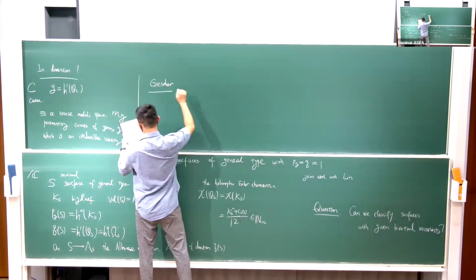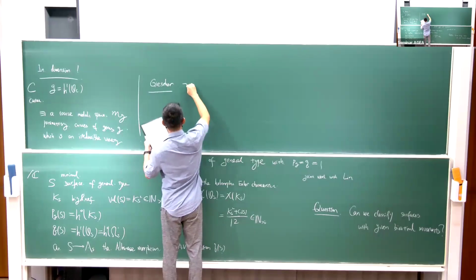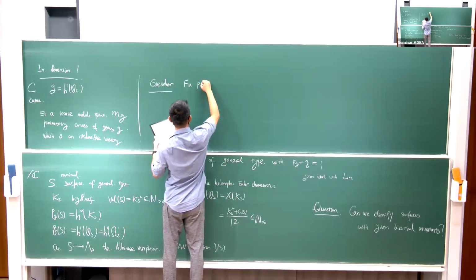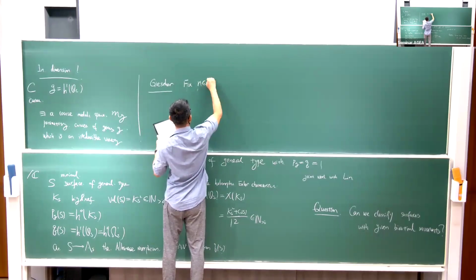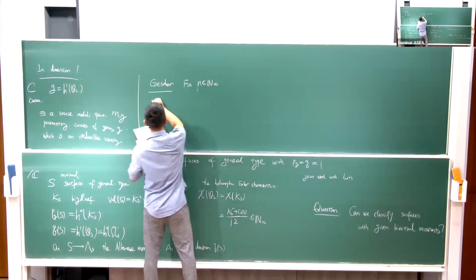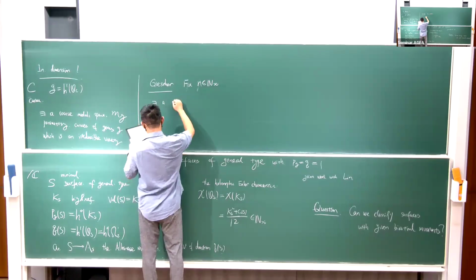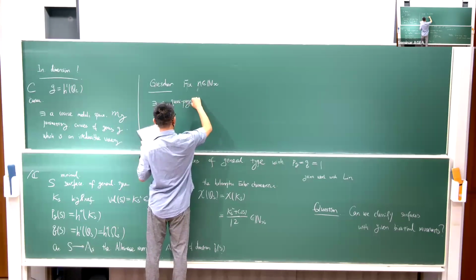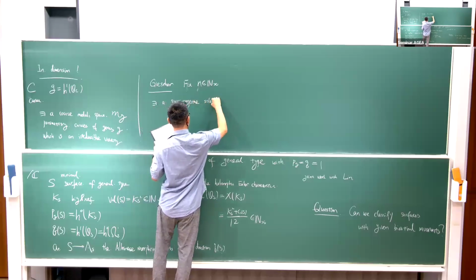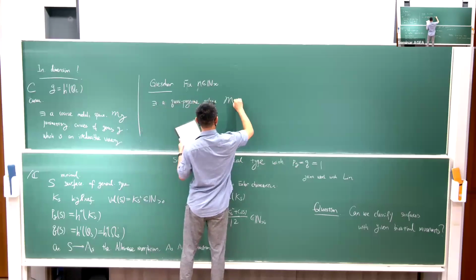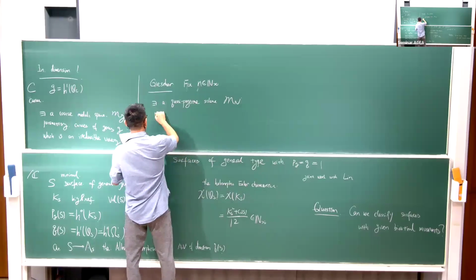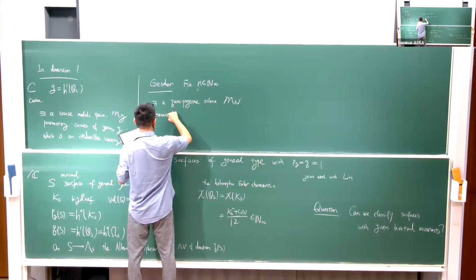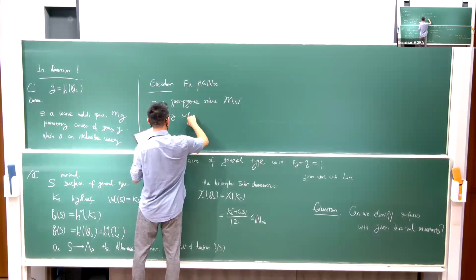It says that there exists a fixed positive integer n. There exists a quasi-projective scheme parametrizing, this is also a moduli space, but I'm just saying that this parametrizes surfaces.